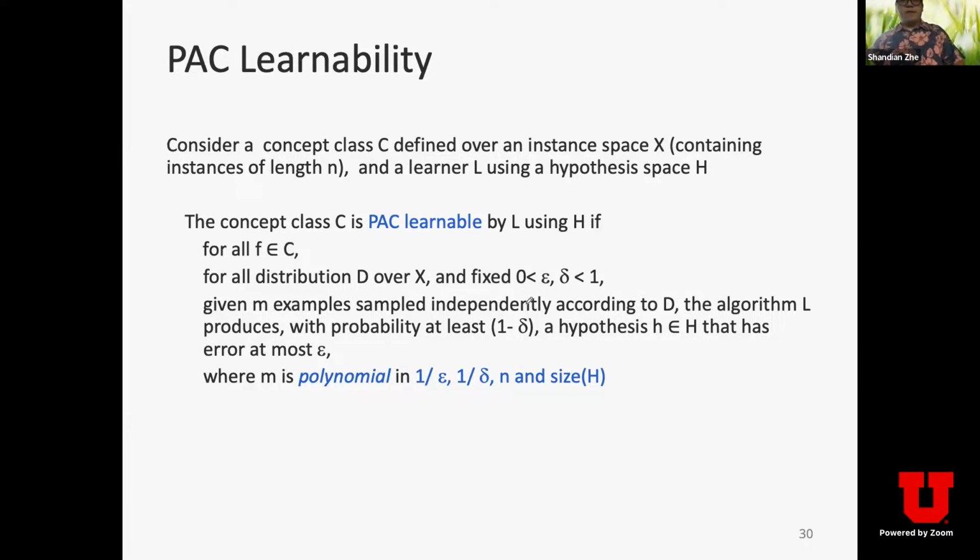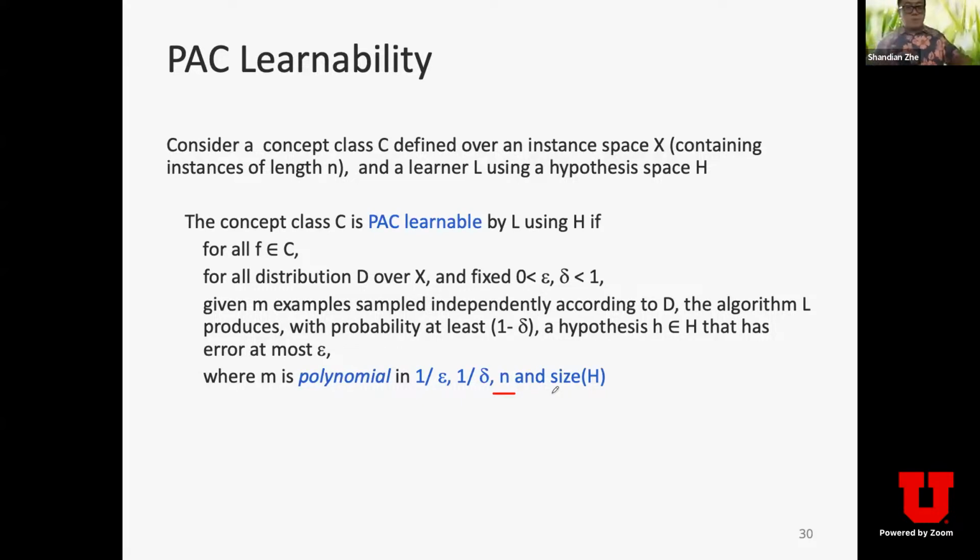Namely, with probability at least 1 minus delta, it can find a hypothesis H from the space that has true error at most epsilon. Polynomial more specifically means that the number of training examples is polynomial in 1 over epsilon, 1 over delta, the length of the input vectors, and the size of the hypothesis space.